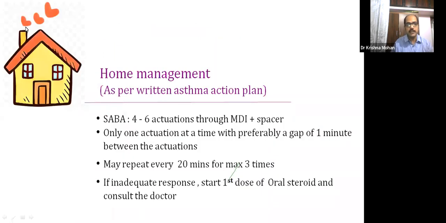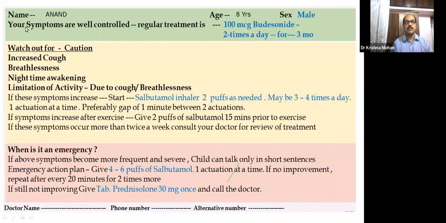So for home management, what is important is a written asthma action plan. Whenever you are discharging a patient after one exacerbation, or whenever you have started treatment for a patient, you have to give a chart like this in the local language. You give the details of the patient, age, name, everything.